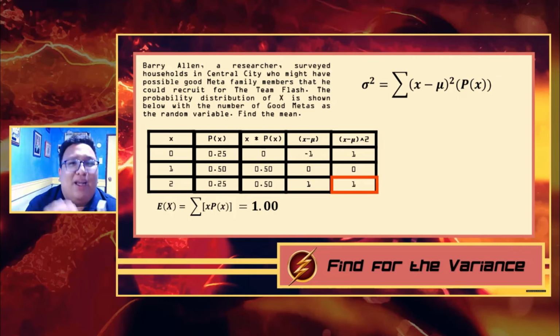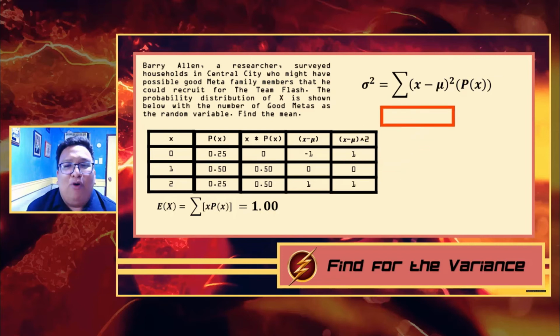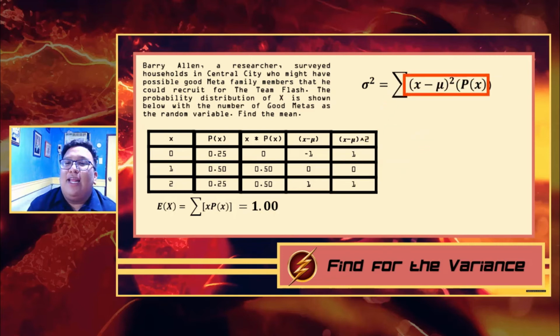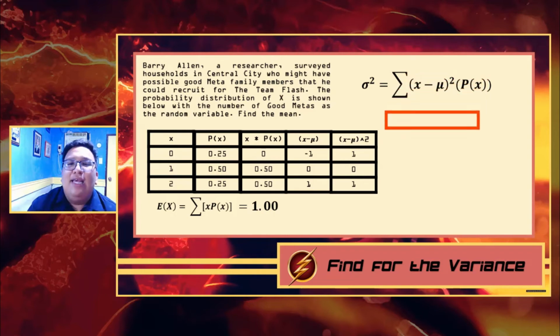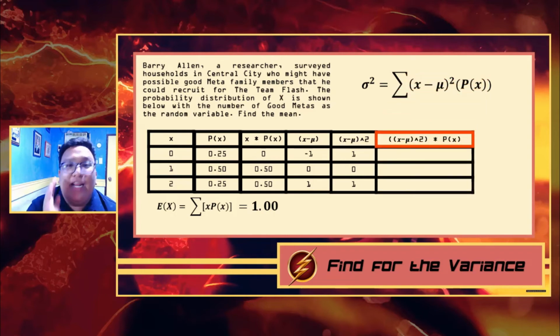Go back to your formula and look at what the next column is that we're going to use. So, this time, we're going to get the product of the square of x minus mu and its corresponding probability. It's easy. Just add the next column like that. And then, this column will be multiplied by the probability.